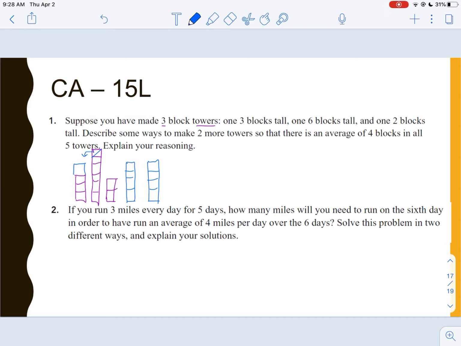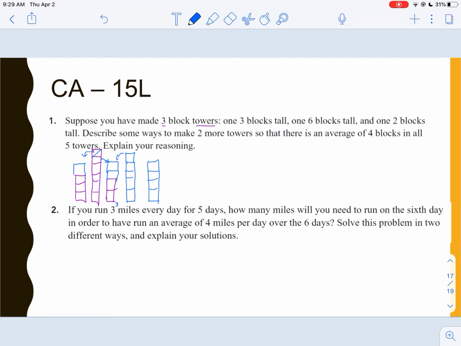I still have 5 in this one, so I'm going to move this one down over here. And so now I can see I've got 4 in all of them, except I only have 3 in this one. So I'm going to add an extra block here to put over here, so that when I get done, I end up with 5 towers of 4.